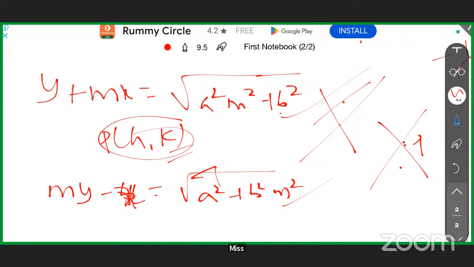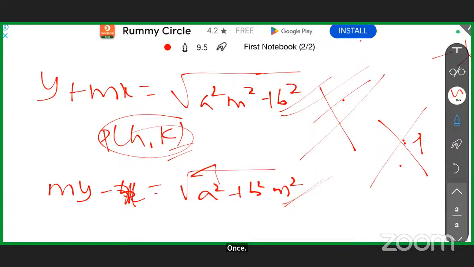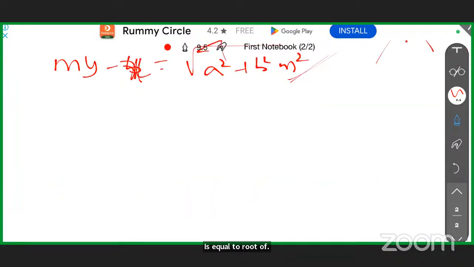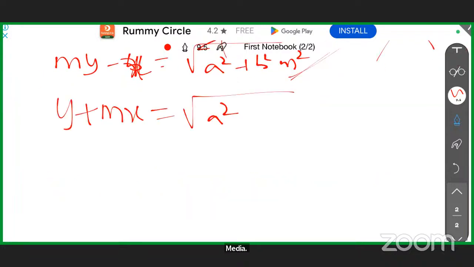So, taking that basic idea of 2D geometry, I'm going to solve it. My first equation is y plus mx is equal to root of a square m square plus b square.